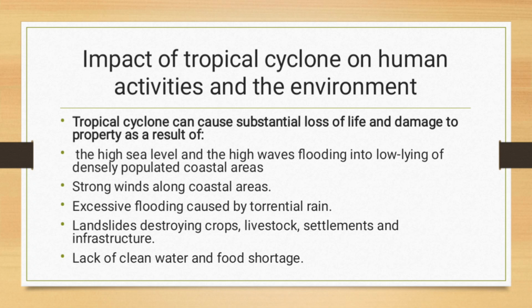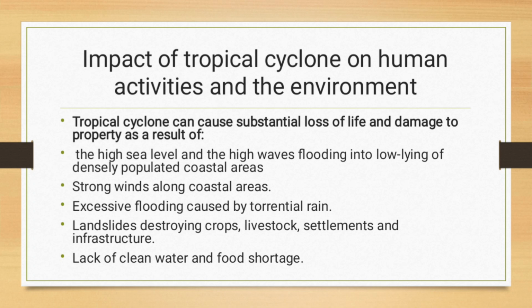Number one, the higher sea level and high waves flooding into low lying, densely populated coastal areas. So the settlements on the coastal line are going to be affected more by floods because there will be a lot of rainfall.